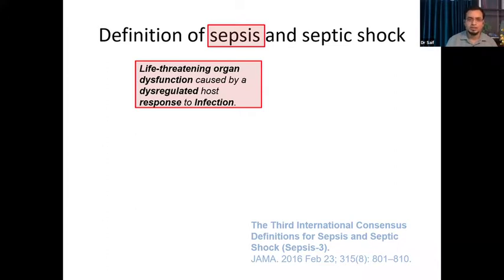All these involvements are there in sepsis. And this involvement of organs is because of a dysregulated or uncontrolled host response to a suspected or confirmed infection in the body.